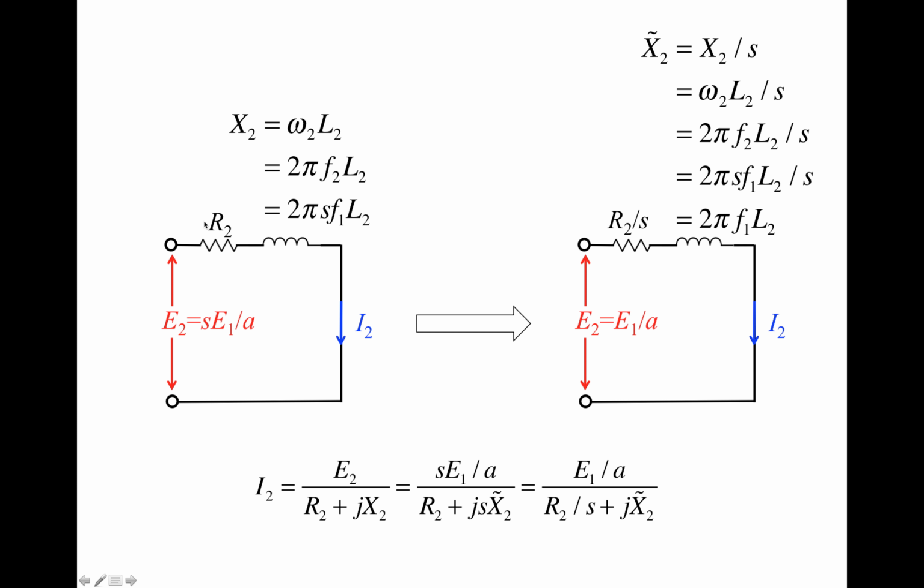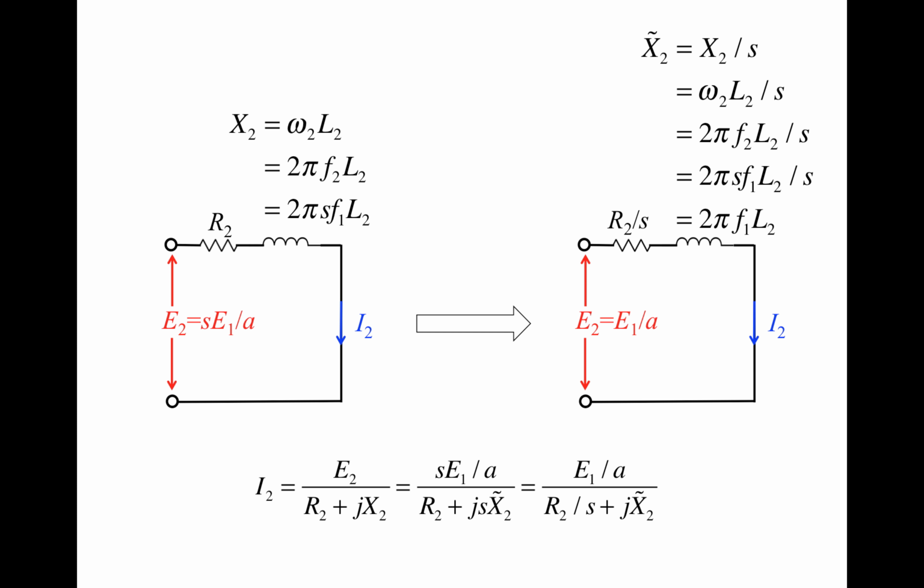This resistor R2 accounts for rotor side copper loss, and the inductor with the reactance of X2 accounts for the rotor side magnetic flux leakage.